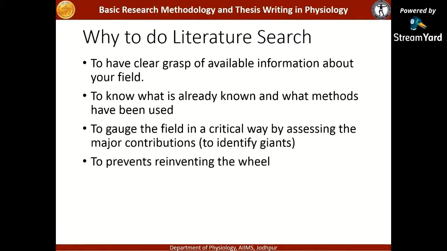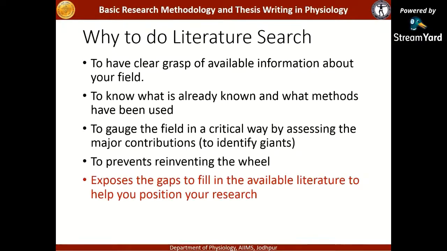Then you have to understand that you should not be doing something which has already been done, and therefore your efforts become redundant. And last but not the least, it exposes the gap to fill in the available literature to help you position your research. This is the main thing, and that's the key of doing the literature search.